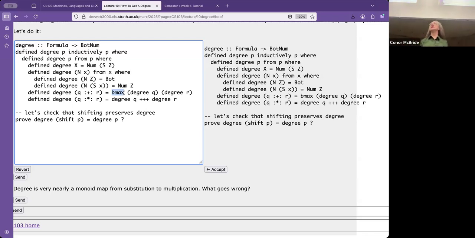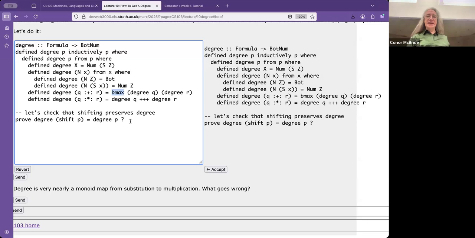But certainly you can imagine that if you've got a formula x cubed and you substitute x squared for x, then that's x squared all cubed, which is x to the 6. So for the most part, substituting formulae multiplies their degree, apart from a few edge cases, which is why we're not going to try and prove it, because it isn't true.